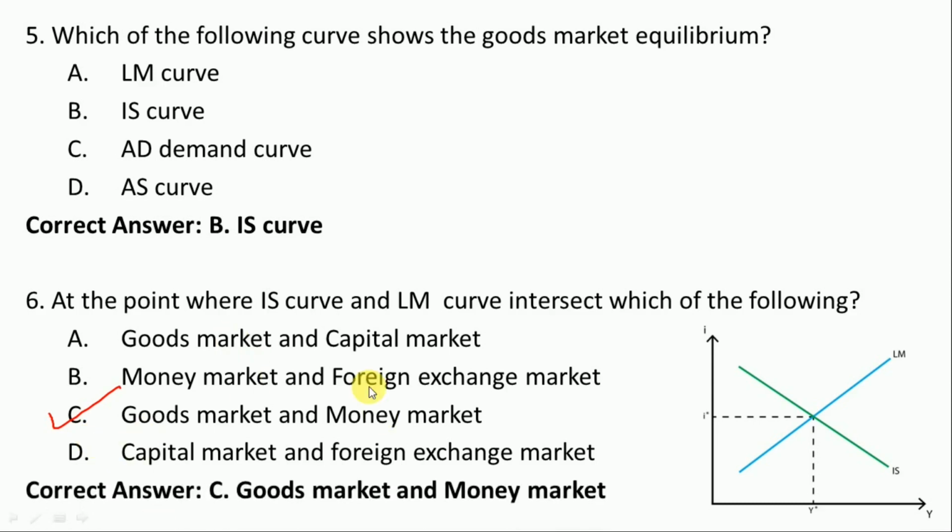Yes. तो जनरली इक्विलिब्रियम कहाँ पे होता है, when the IS curve, that is goods market, intersects the LM curve, that is money market, at a point, there will be one point that is the equilibrium point. ठीक है, and this equilibrium point will decide the optimum level of the rate of interest and the level of income in the economy. So therefore the correct answer is goods market and money market. ठीक है, C is the correct answer.